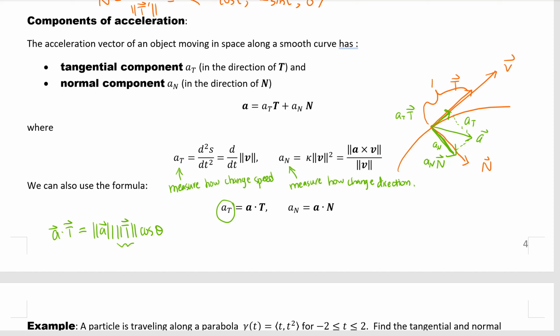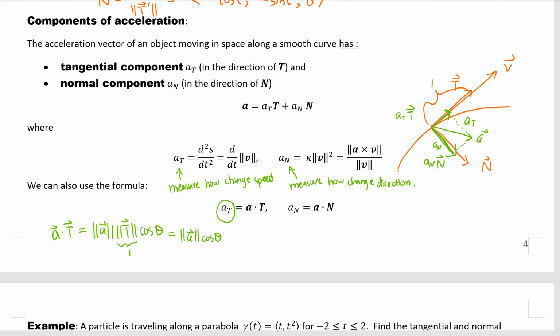But because T is a unit tangent vector, its magnitude is 1. So this is actually the projection of the acceleration onto the unit tangent vector.